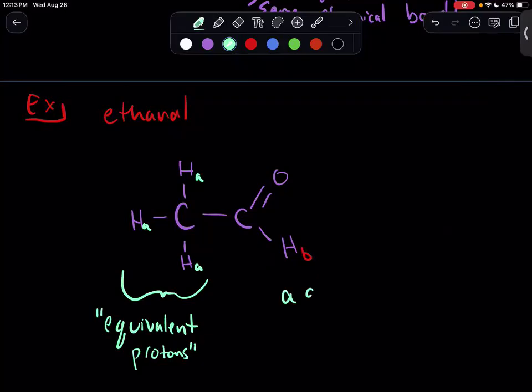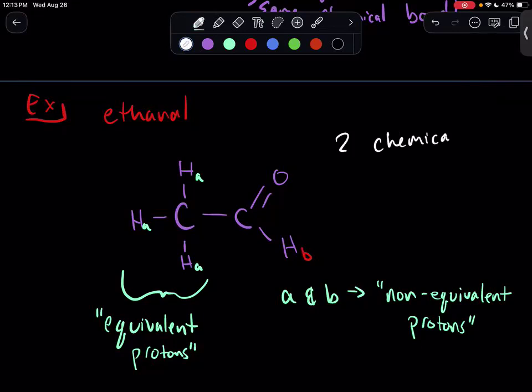However, if we look at A and B, these would be considered non-equivalent. So this would represent two different chemical environments, which would represent two peaks on HNMR. So our HNMR diagram of ethanol should show us two peaks.